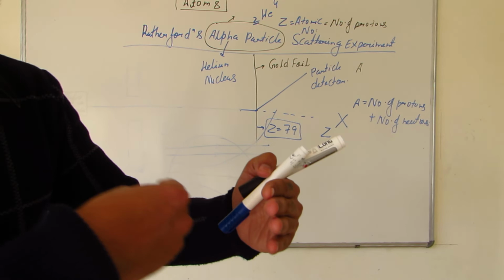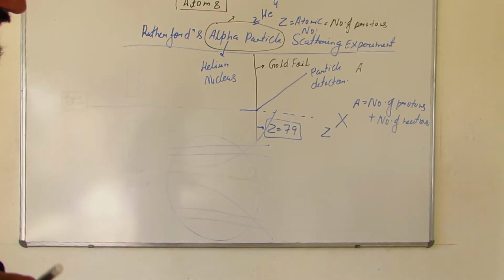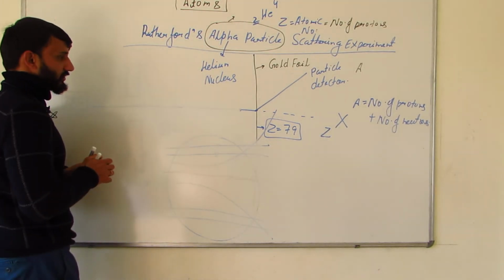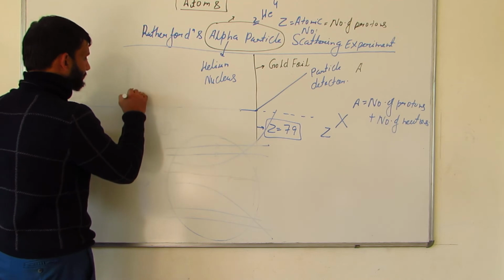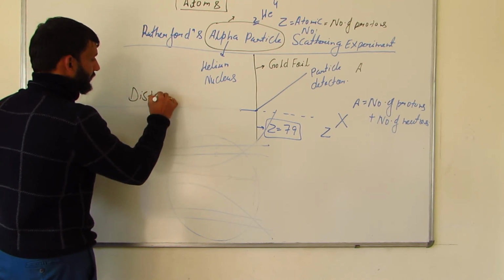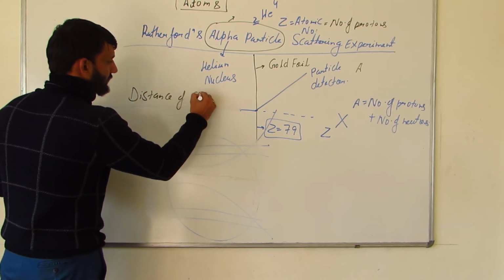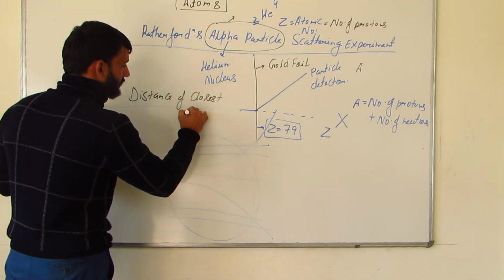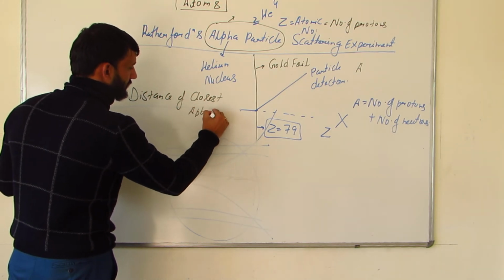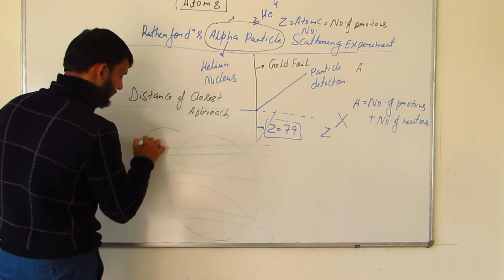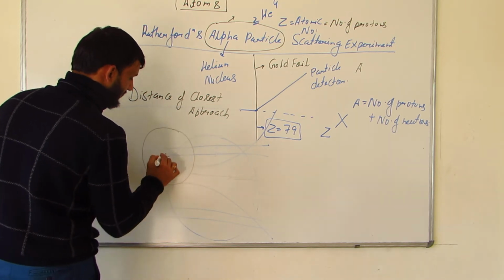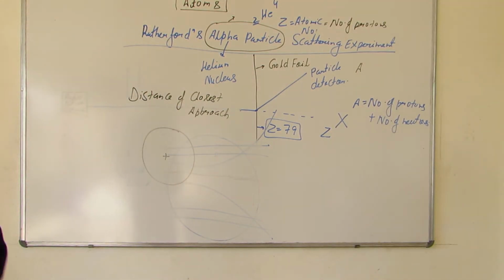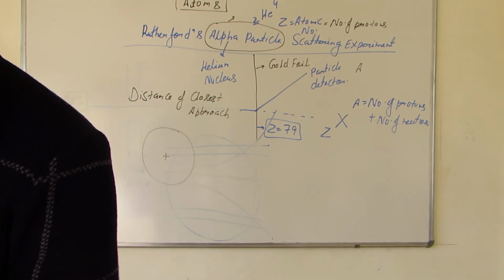So we want to find out how close it will go. That is what we call the distance of closest approach.